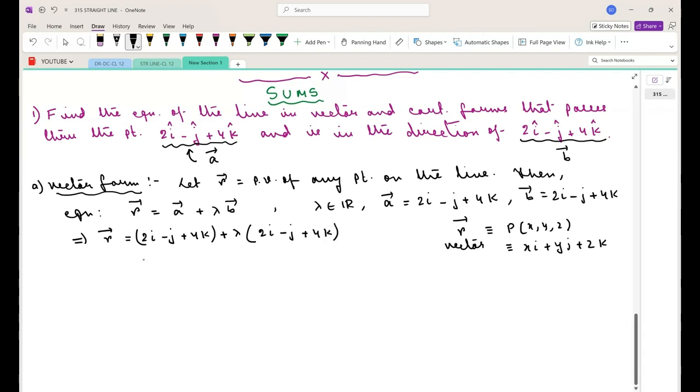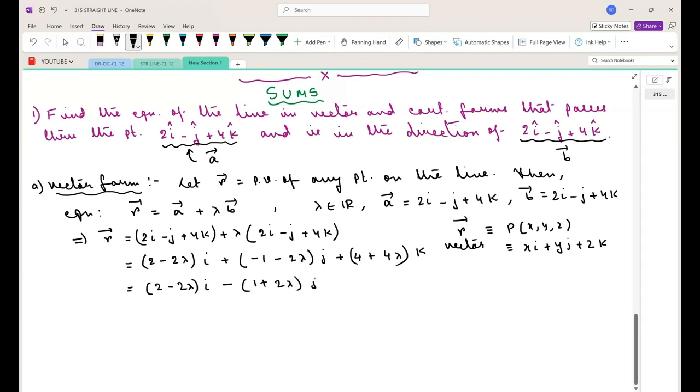So the sum is done, but just one small step of rearrangement, that is, the final answer should be written as (2 minus 2 lambda) i plus (minus 1 minus 2 lambda) j plus (4 plus 4 lambda) k, or (2 minus 2 lambda) i, just take the minus common, minus (1 plus 2 lambda) j plus (4 plus 4 lambda) k.